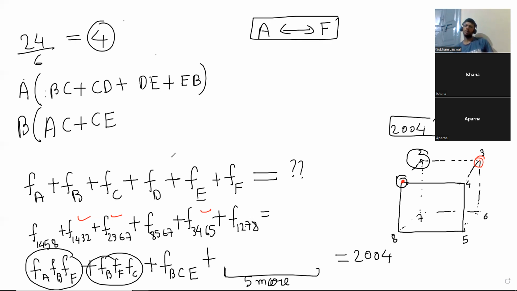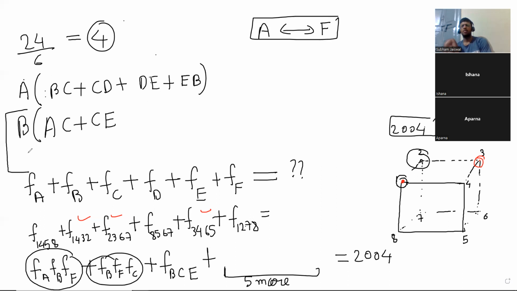Sir, when I took A common and I took C common in the other four terms, then I saw that the two multiples were common.